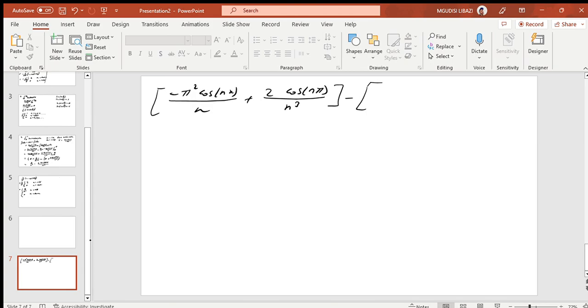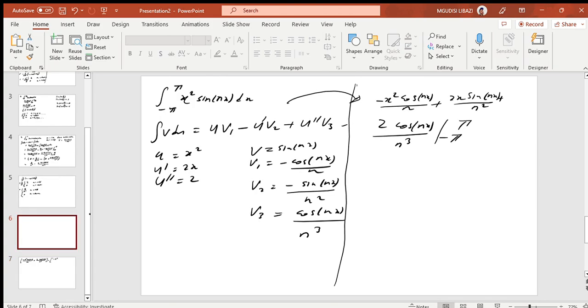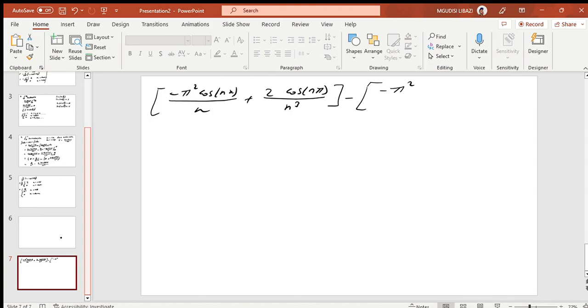And then minus, now substituting the lower limit, that means we substitute the value of negative pi. For the first term, negative pi squared is positive pi squared because the negative sign is outside, so we still get negative pi squared cosine of n pi divided by n.